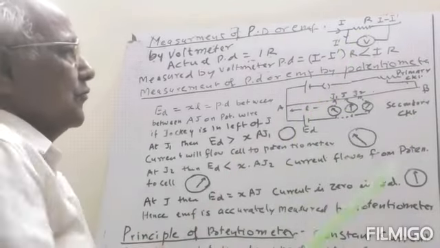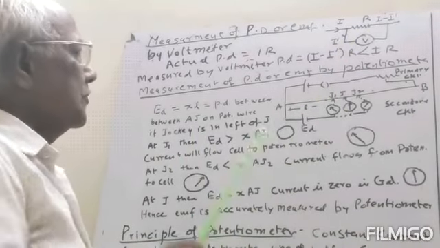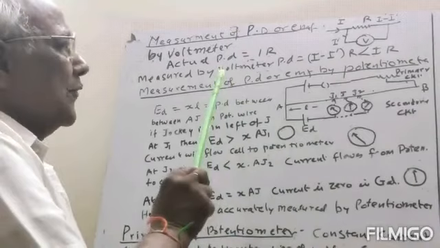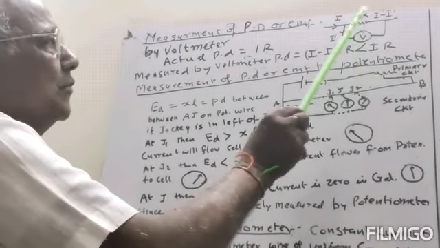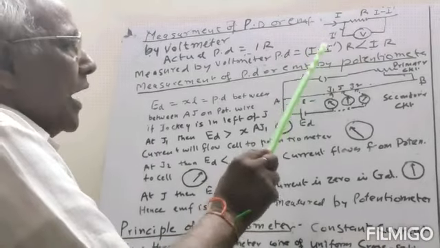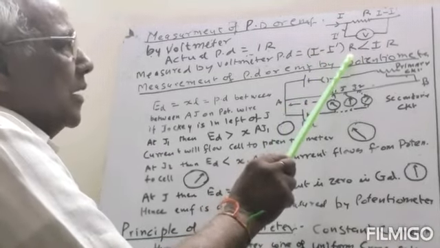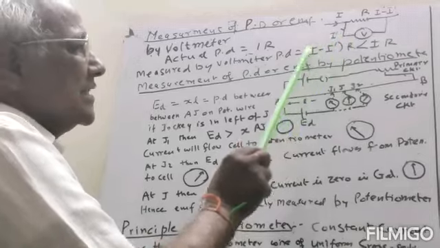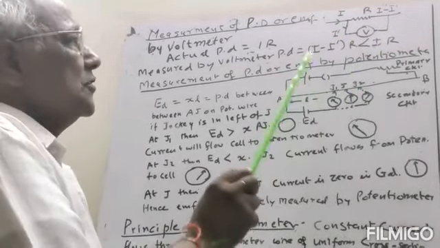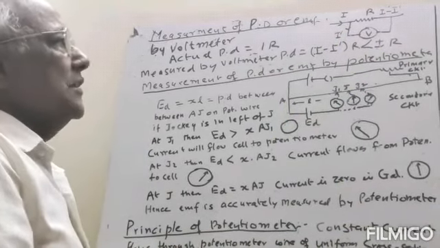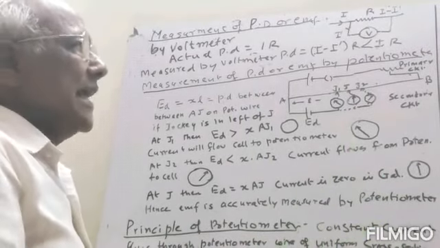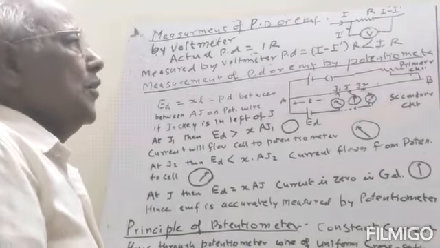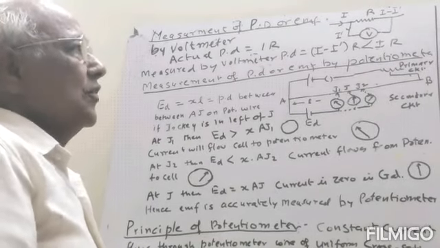So the measurement of potential difference by the voltmeter will be equal to I minus I dash multiplied by R. This quantity is less than IR, meaning the potential difference which we have measured by the voltmeter is less than the actual potential difference on the resistance.